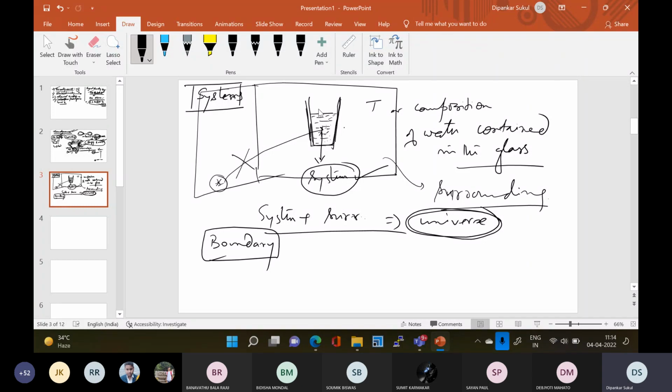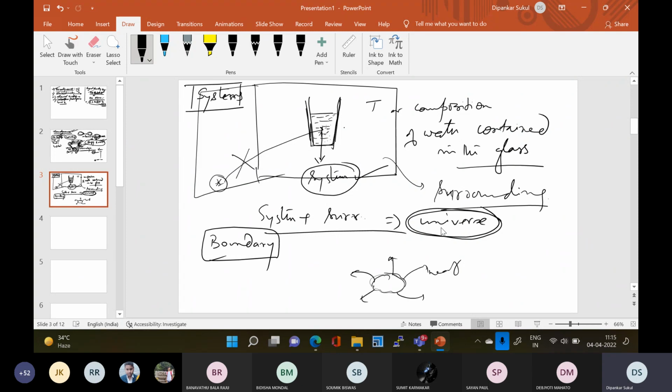For example, suppose you have taken a piece of burning coal. The coal is burning, the heat is coming out everywhere. But is there any real boundary? There is no real boundary. Similarly, is your surrounding well defined in this particular case?